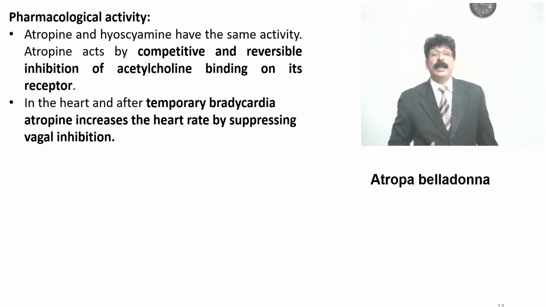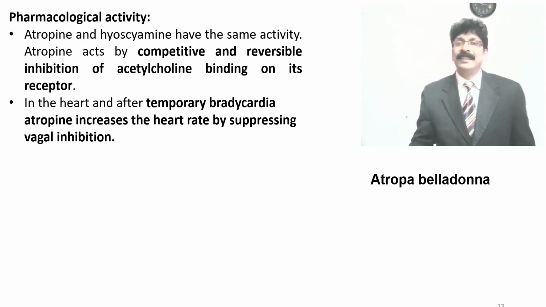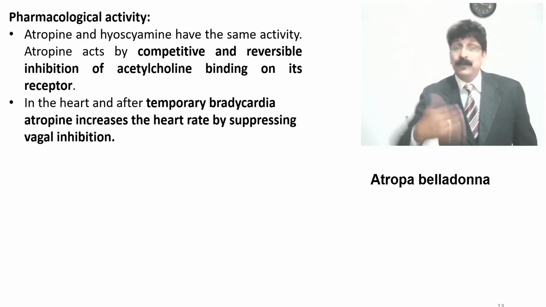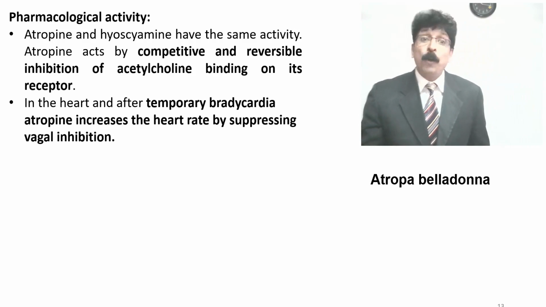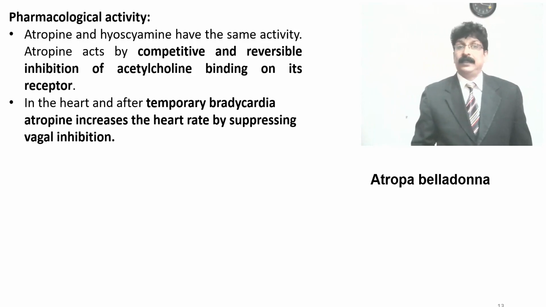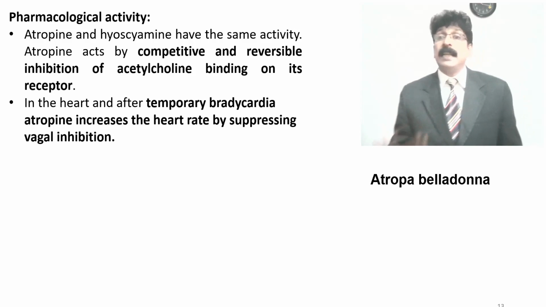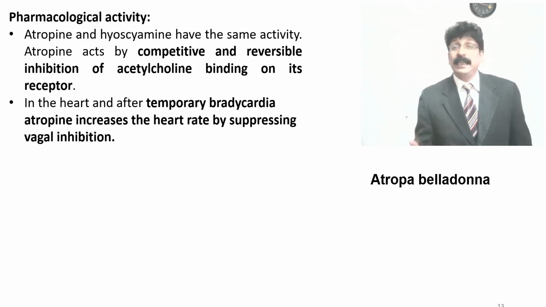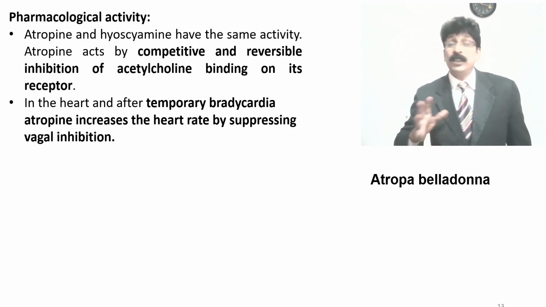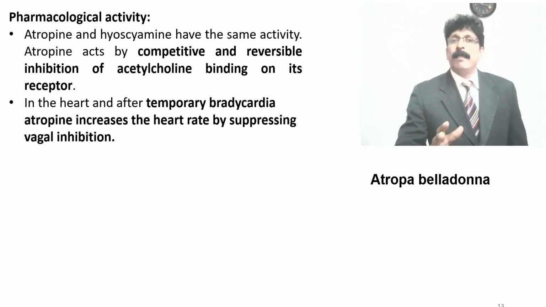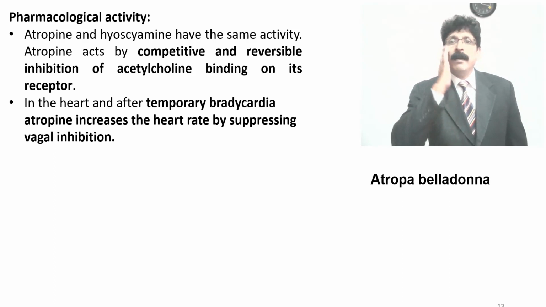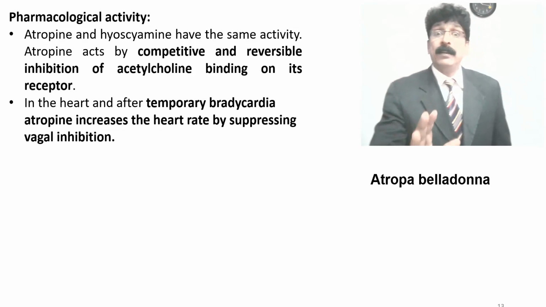In the heart, after temporary bradycardia, atropine increases the heart rate. So it can help in certain temporary bradycardia. We'll see in congestive heart failure, cardiac arrest, these all things will come with bradycardia.